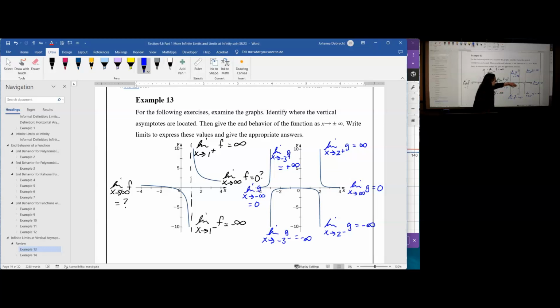As I approach from the right side of -3, if I trace along the graph, yep, they go down forever. I had it right to start with. Then the limit approaches -infinity. As I approach -3 from numbers below -3, it does approach +infinity. Make sure you get the signs written correctly.